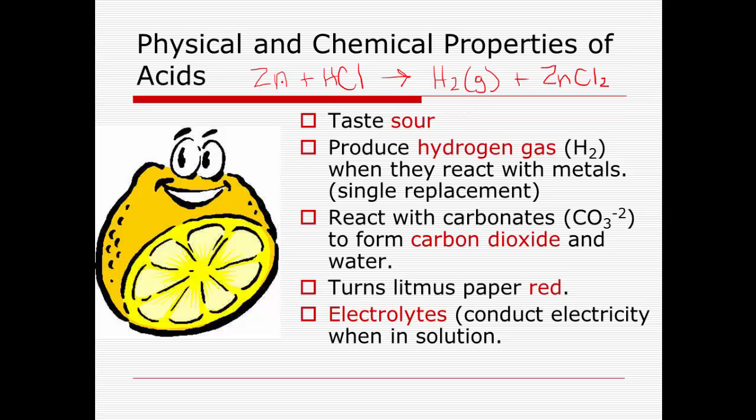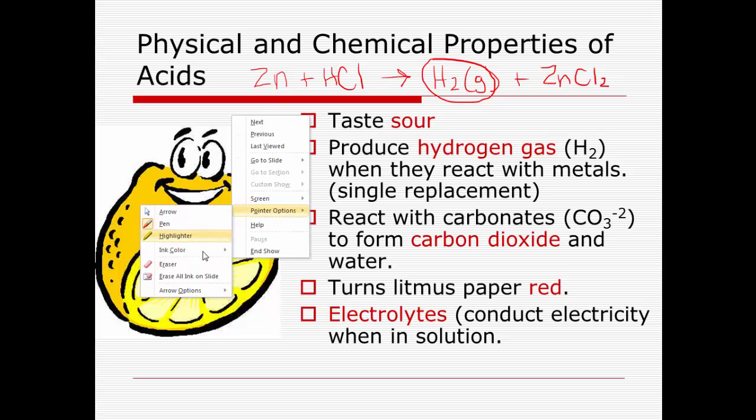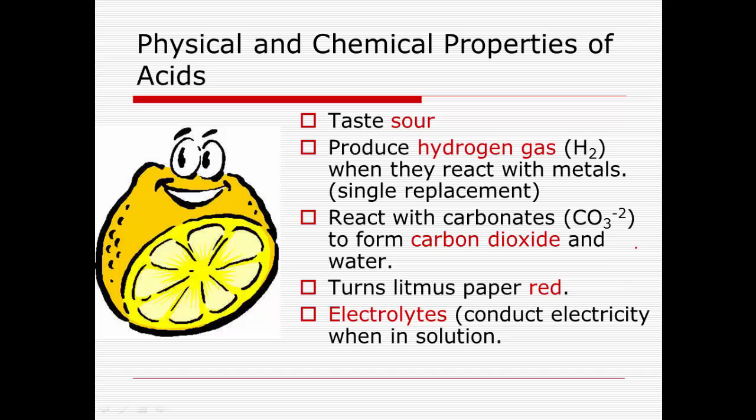Okay, so an acid with a metal is going to produce hydrogen gas, and let's think about what they do with different substances. They react with carbonates to form carbon dioxide and water. So another example, and we did a lab on this earlier in the year, if we put sodium carbonate together with an acid, this is a double replacement reaction. So the hydrogen and the sodium swap places, so we get NaCl, which is kind of no big deal, salt.